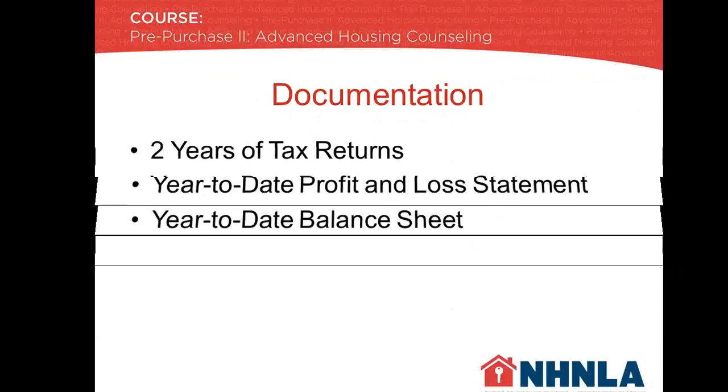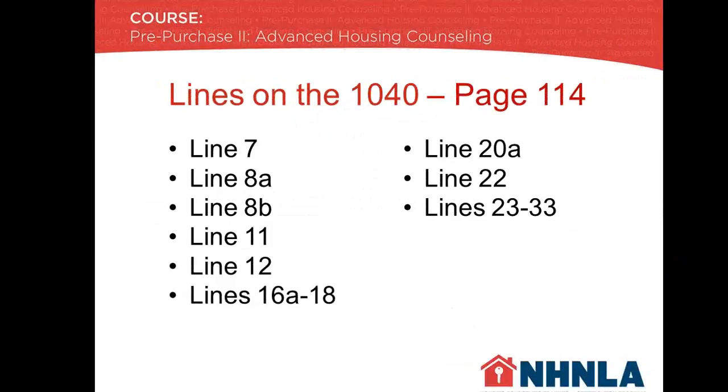Here we'll take a brief look at some of the lines on the 1040 on page 114 of your manual. Line 7 states the wages, salaries, and tips and requires the W-2 form.